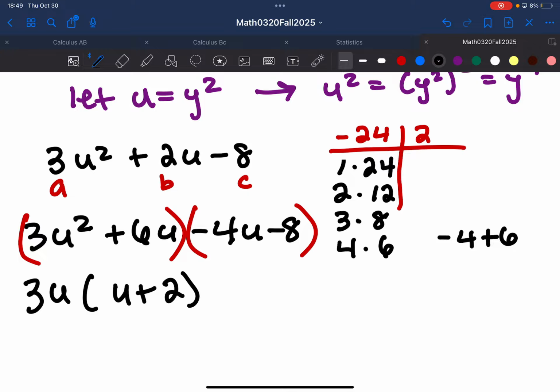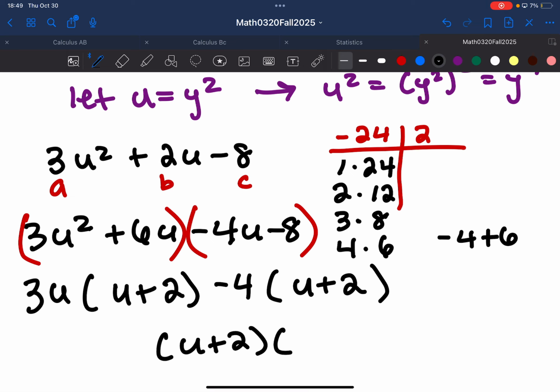So take out a negative 4, because I want u plus 2 in that parentheses. Okay, because negative 4u divided by negative 4 would give me just u, and negative 8 divided by negative 4 would give me a positive 2. So that means I have u plus 2 times 3u minus 4.